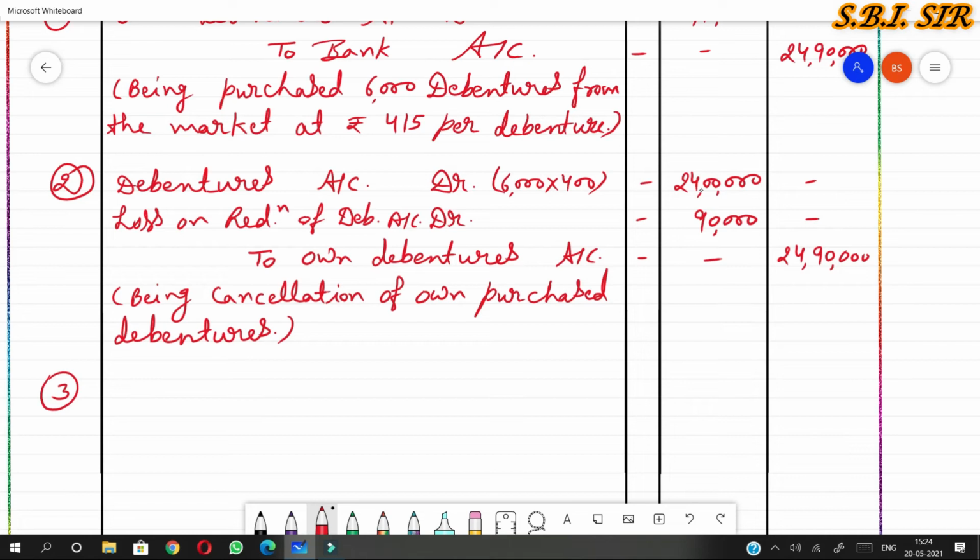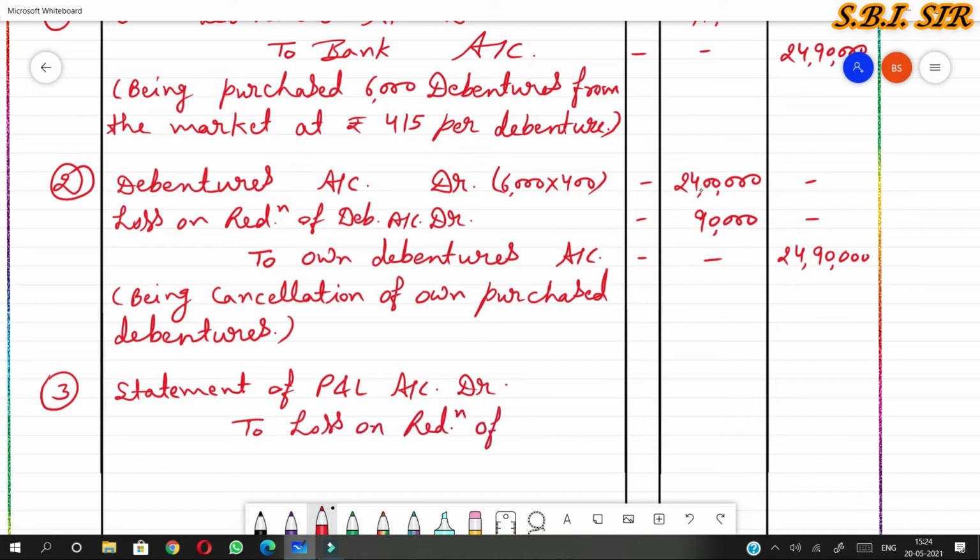So here the entry will be statement of P&L account debit to loss on redemption of debenture account. Then the amount transferred is 90,000.